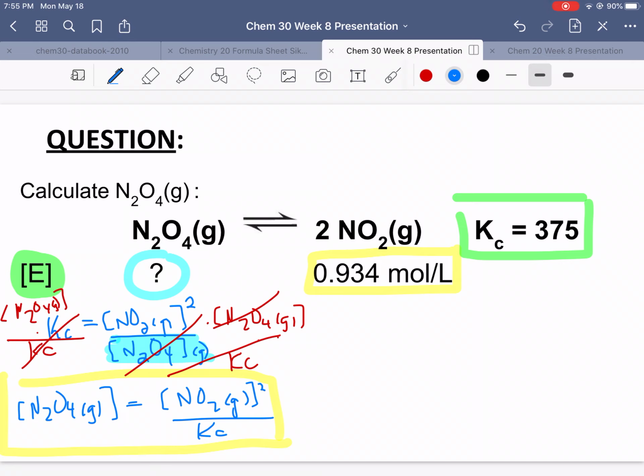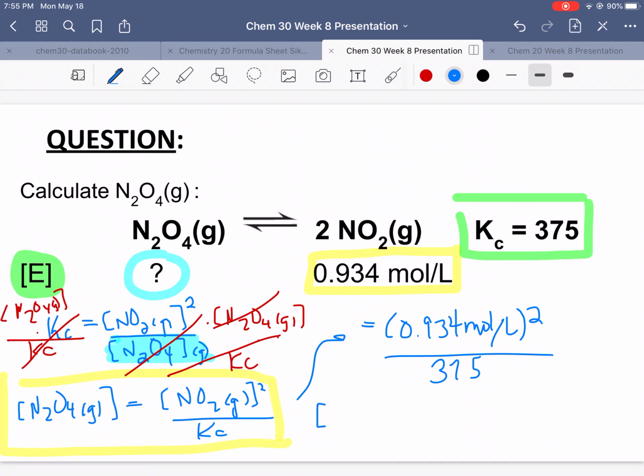So at this point, of course, you just plug in what you know. It's going to be equal to the concentration of the nitrogen dioxide, so 0.934 moles per liter, or capital M if you want, squared, divided by the equilibrium constant, which is 375. Sig dig wise, both of those have 3, so our answer is going to have 3 significant digits.